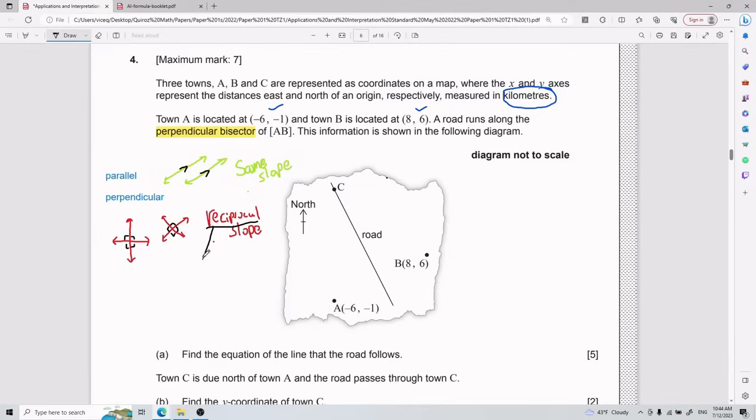A reciprocal slope looks like this. Let's say this line here has a slope of 1/2. That means that the perpendicular line to that has a slope of -2.